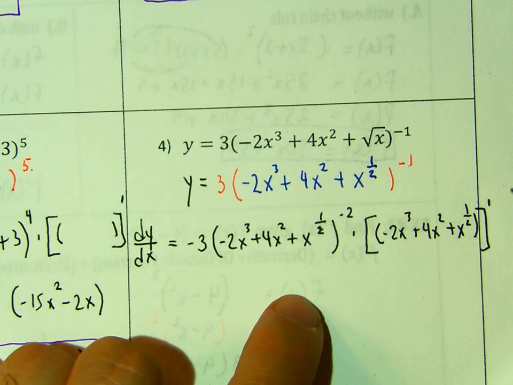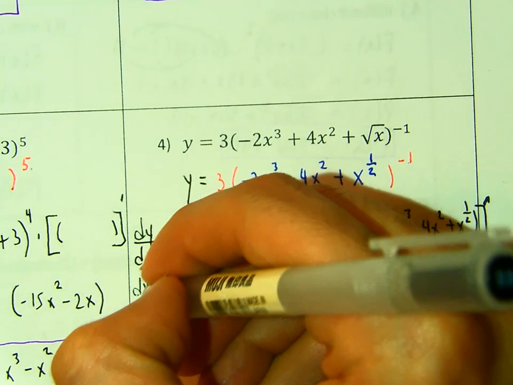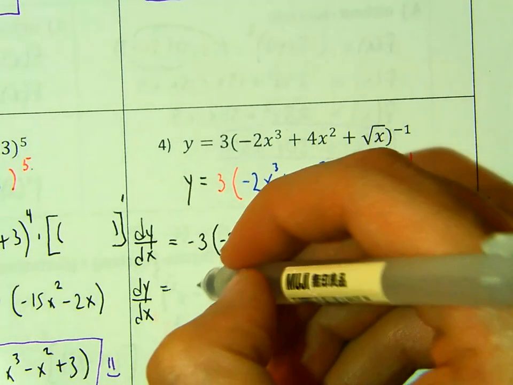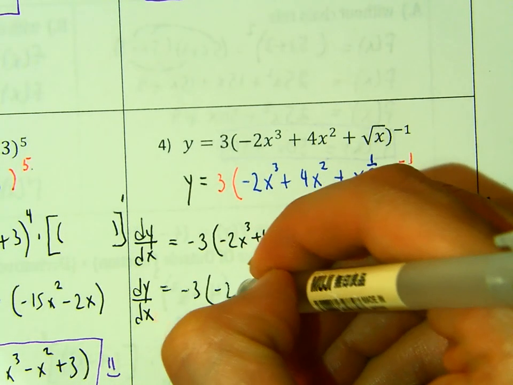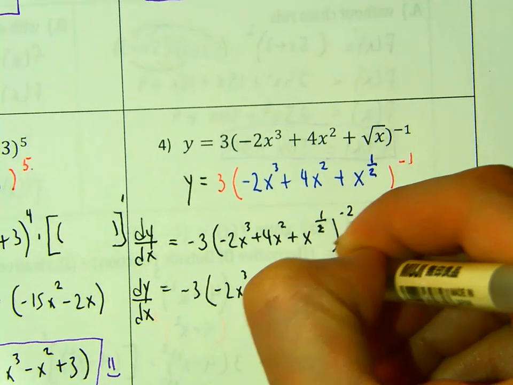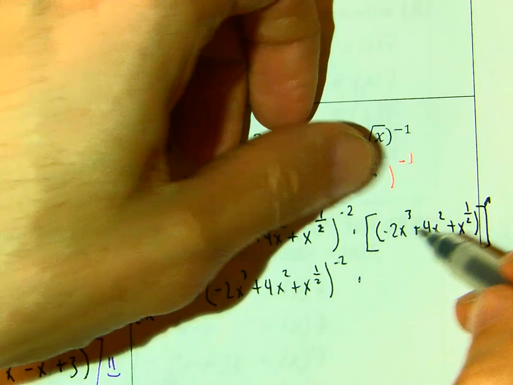Okay, and you see how here I put a prime over here. Okay, so dy dx equals what? So here this stays the same, so this is -3, -2x cubed plus 4x squared plus x to the 1/2 to the -2 times, now what's the derivative of this?